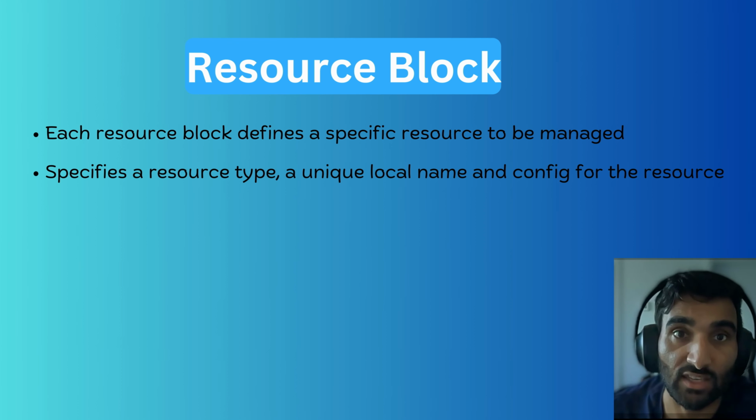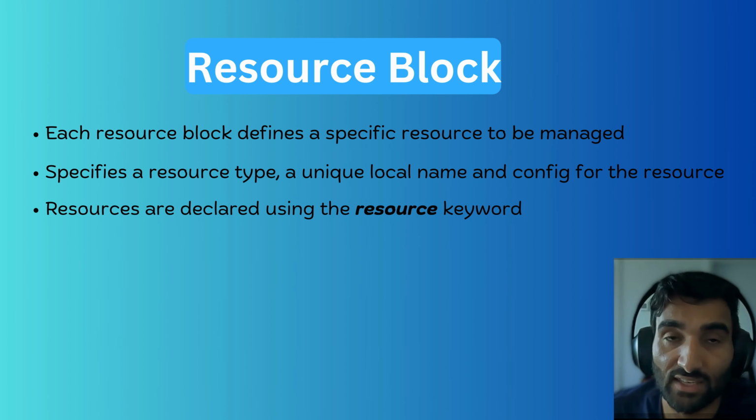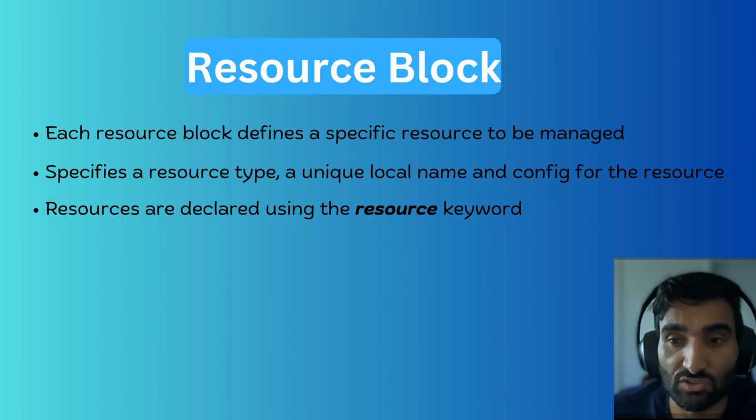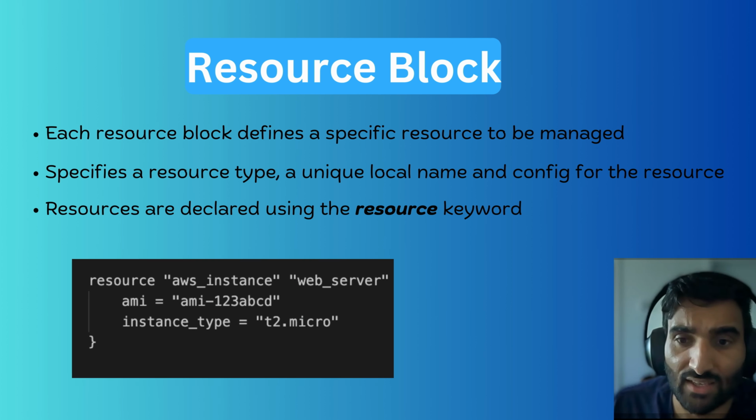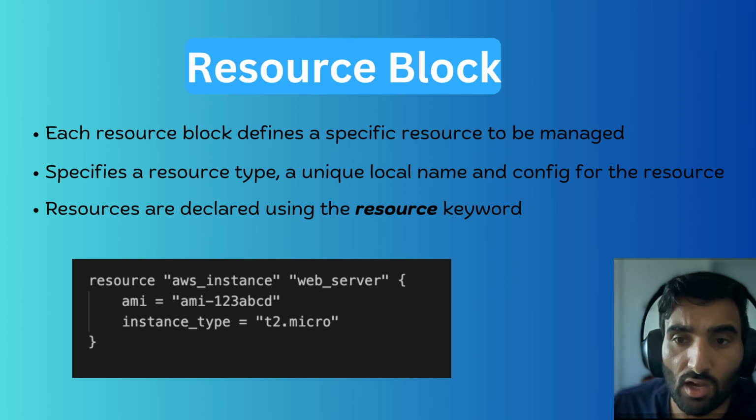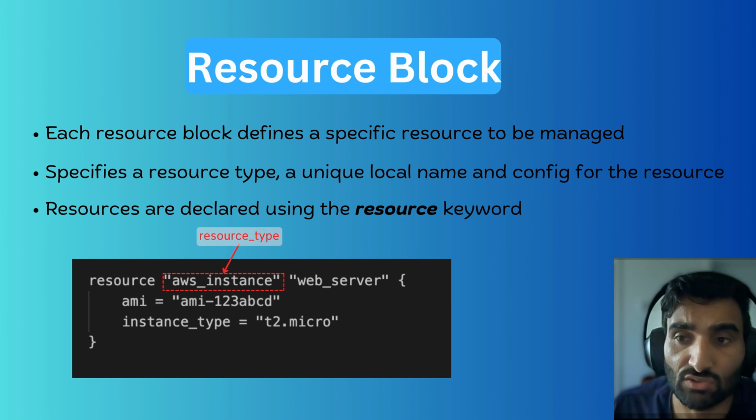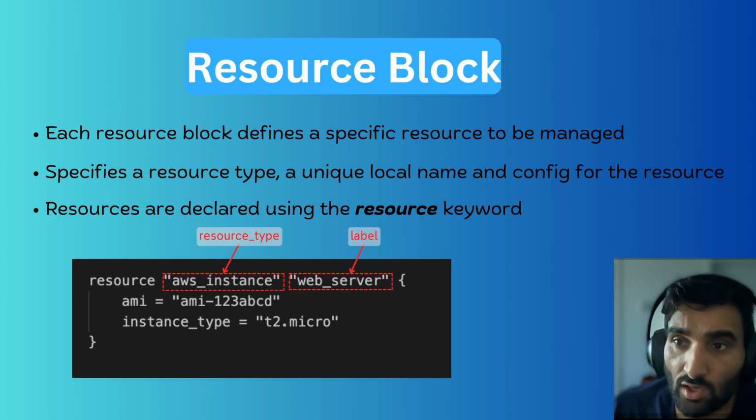Whenever you're defining any resource, you start with the resource keyword. Here's a basic example. In this block, aws_instance is the resource type, and web_server is the unique local name that we gave to this instance.